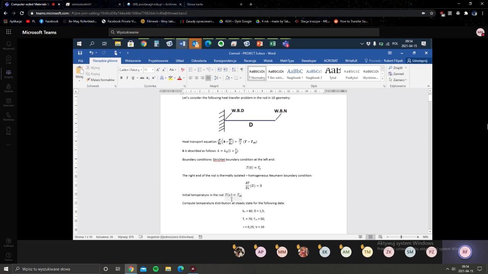Initial temperature is some fixed temperature, and you have to prepare the temperature distribution at steady state for the following data. And you have to prepare your project, and the result should be just a concentration profile at steady state for such a problem.